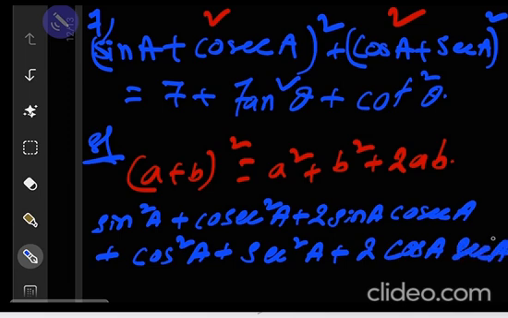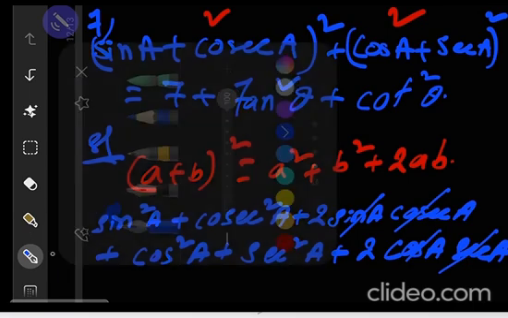Okay, so cos and secant get cancelled, sin and cosecant get cancelled, and sin square A plus cos square A is 1.